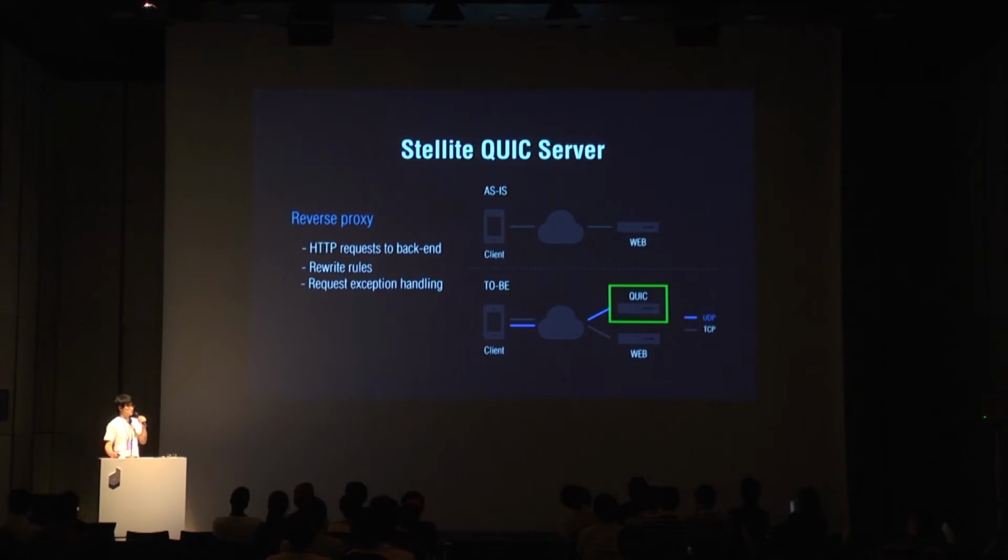In the original game server structure, the client accesses the web server directly. In the new structure, to use the QUIC protocol, the QUIC server has to be placed between the client and the web server. So we added a reverse proxy feature to our Stellite QUIC server.